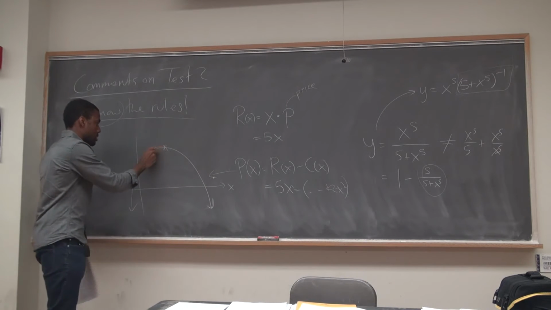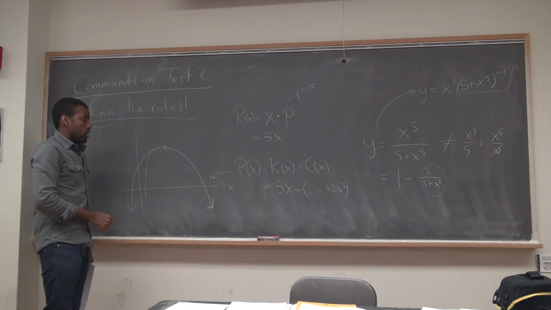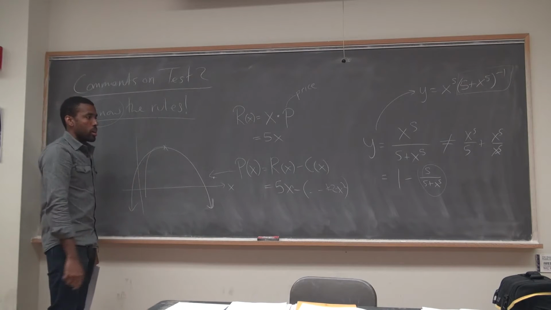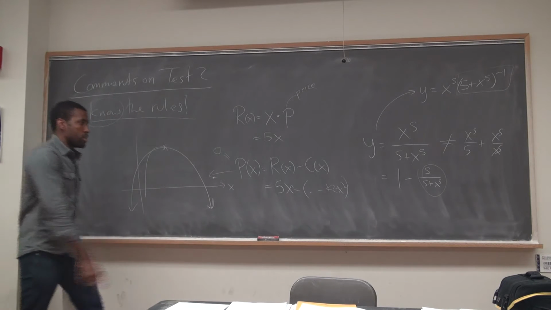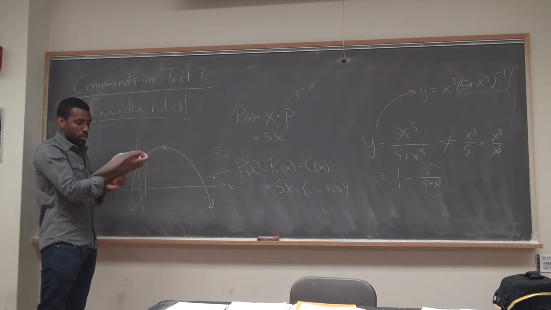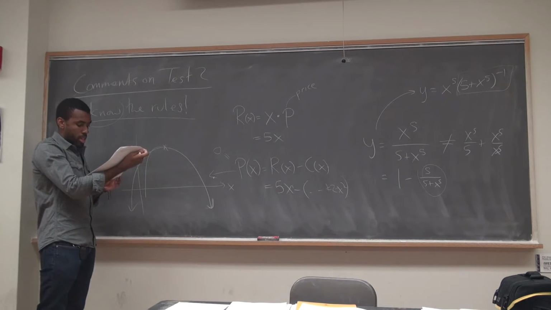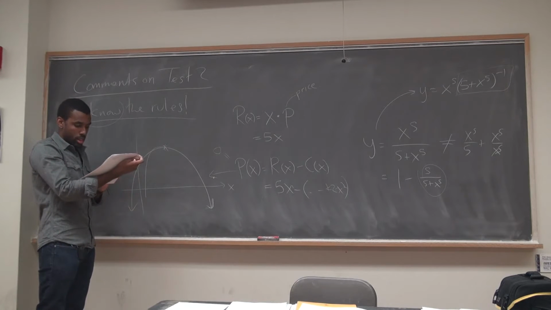By the way, break even is where the amount of money I make is equal to my cost. Break even means profit is 0. So break even means R of x is equal to C of x. You would have gotten 10 at that point. So once I sell 10, I break even. And my maximum profit actually occurred before that.